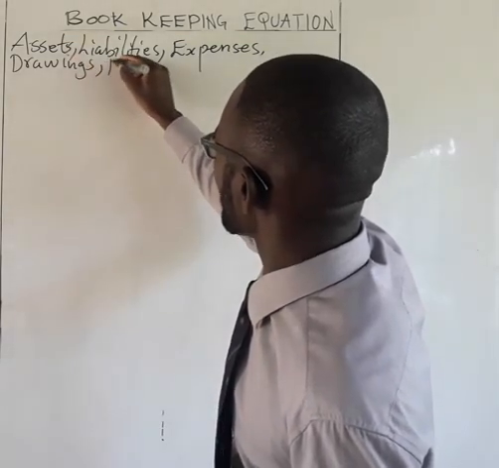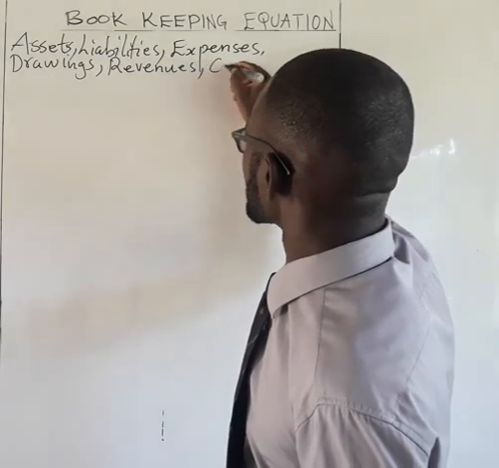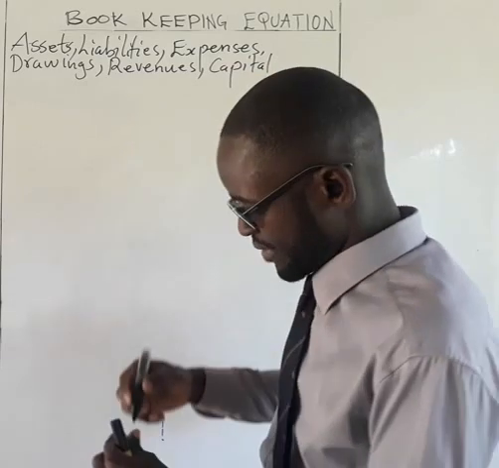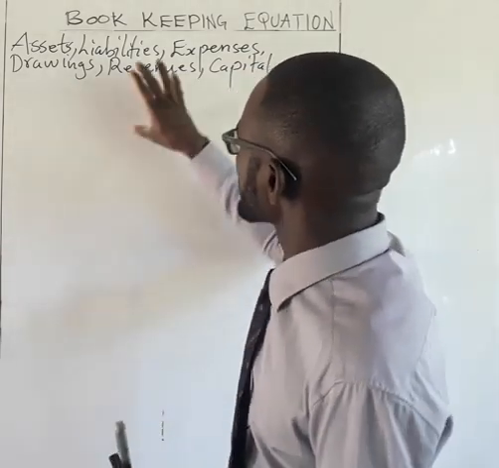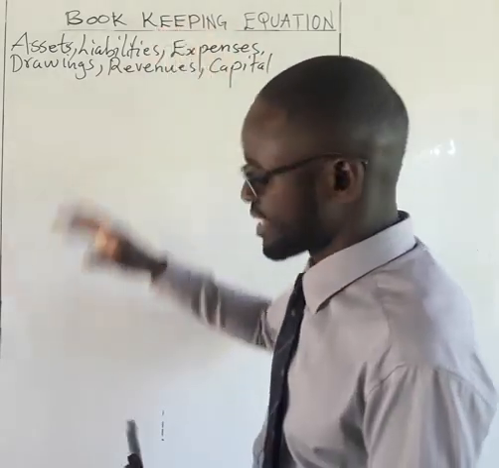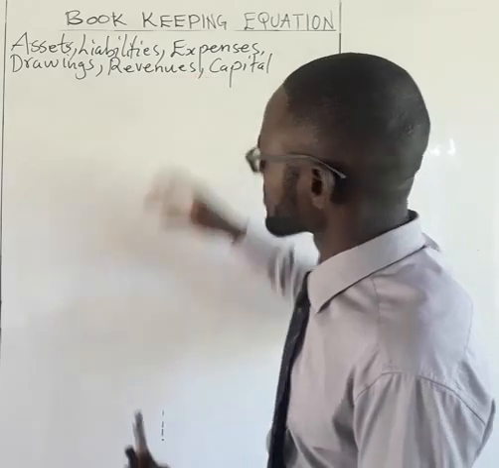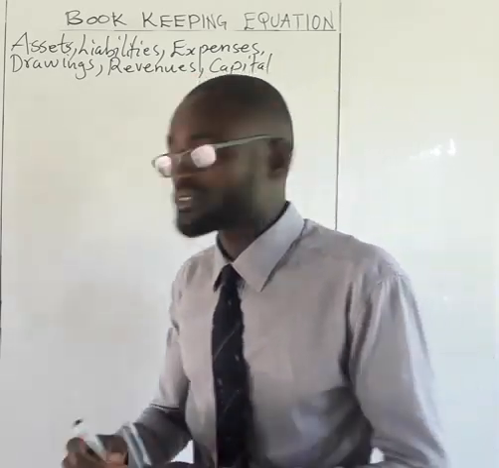At some point we have revenues and even capital. When we talk about all these types of accounts, these are where the equation lies, and we are going to see how we arrive at the specific type of equation we are talking about.